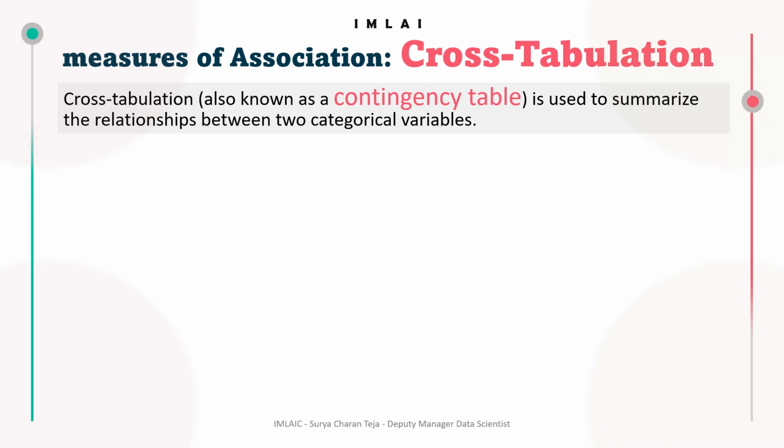Cross tabulation, or contingency table analysis, is most often used to analyze categorical data, or to put it in an exact way, nominal measurement scale data. Here we mentioned it's used to summarize the relationships between two categorical variables, but specifically, it is nominal variables.